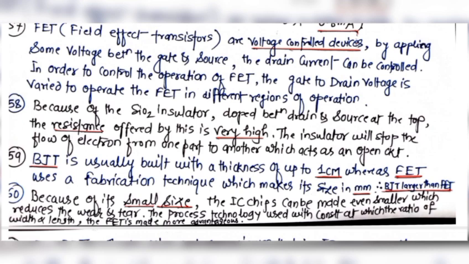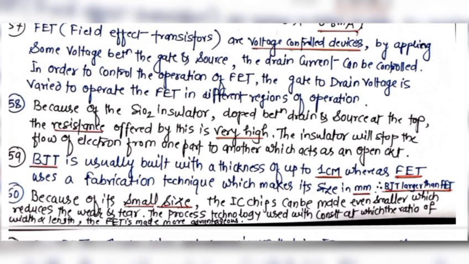Because of the silicon dioxide insulator between the gate and the channel, the resistance offered is very high. The insulator stops the flow of electrons from one part to another, which acts as an open circuit.